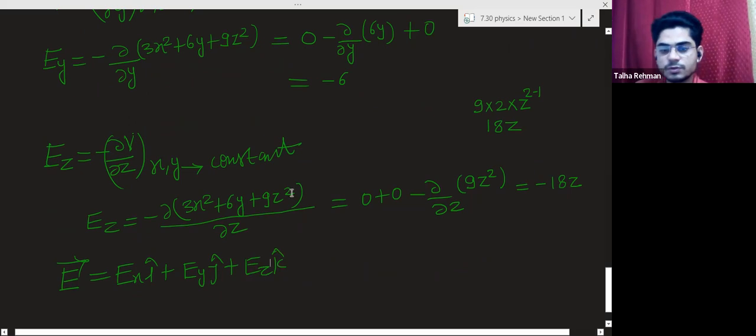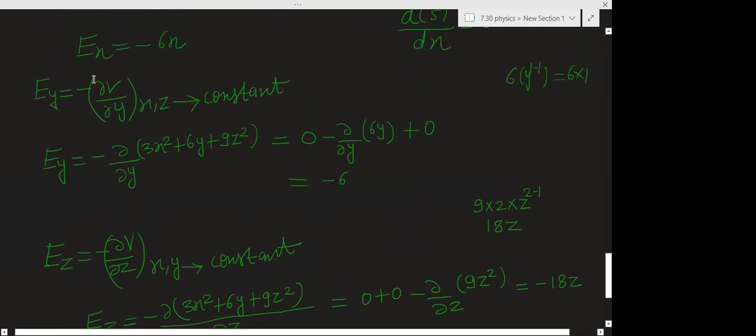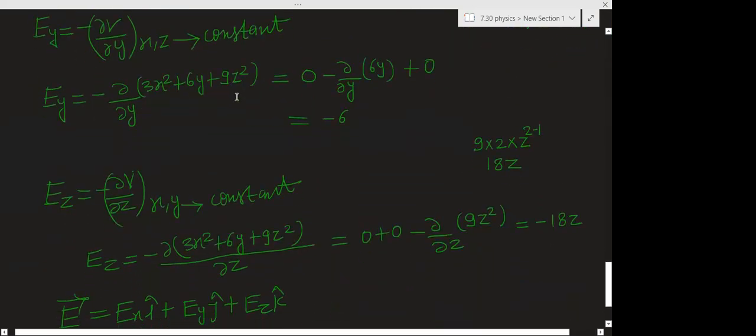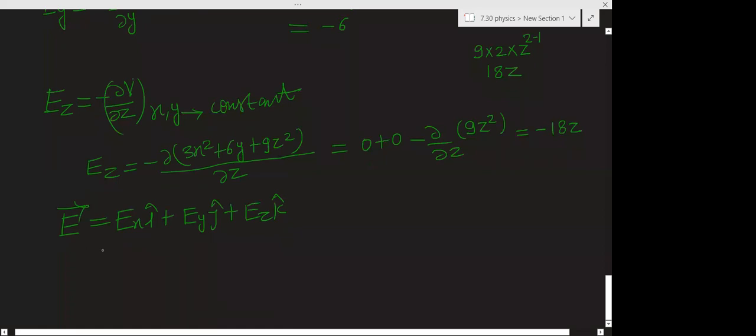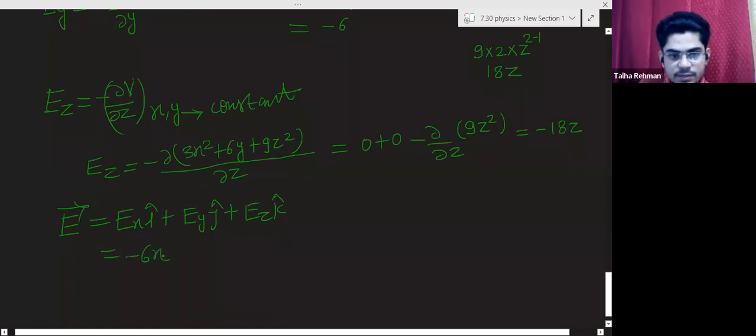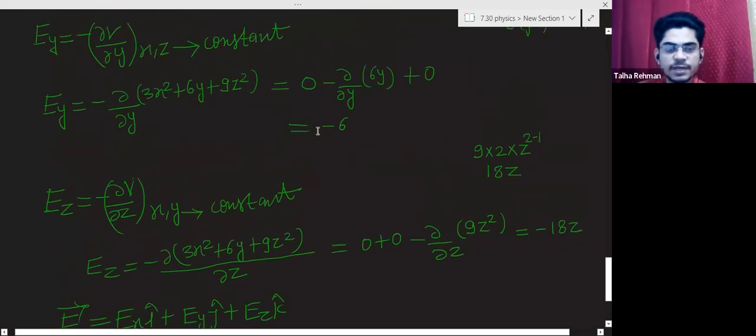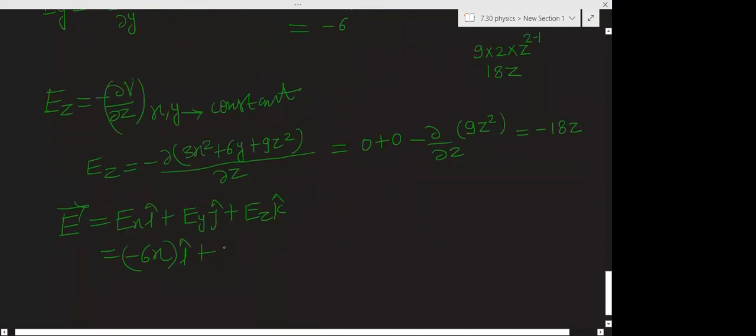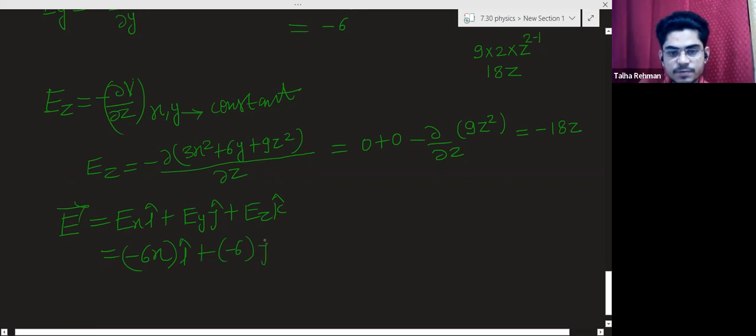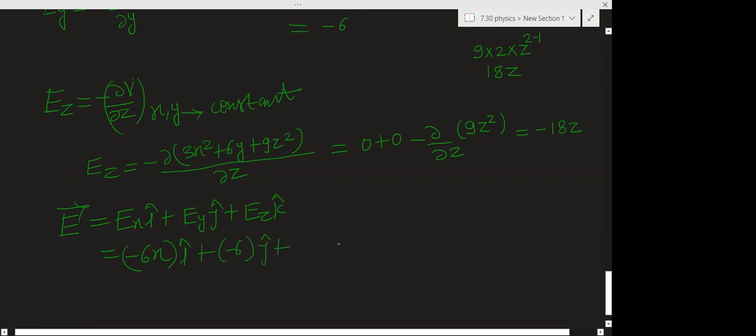What is the value of Ex? Ex is given by minus 6x, and this will be i cap. What is Ey? Ey is minus 6, j cap. And what is Ez?